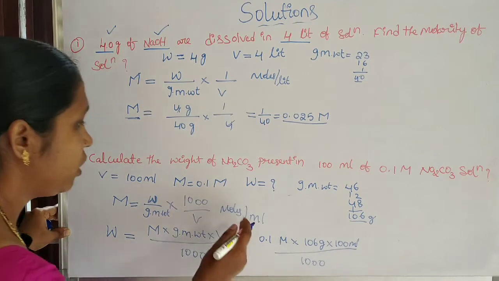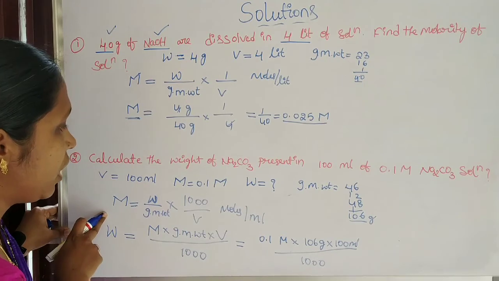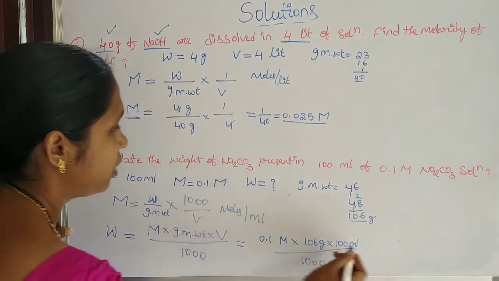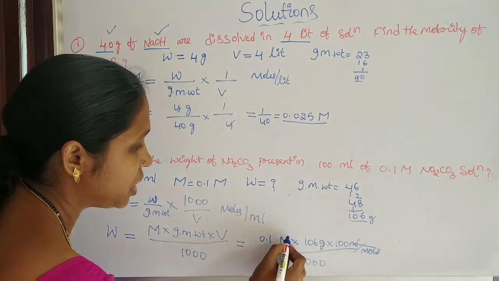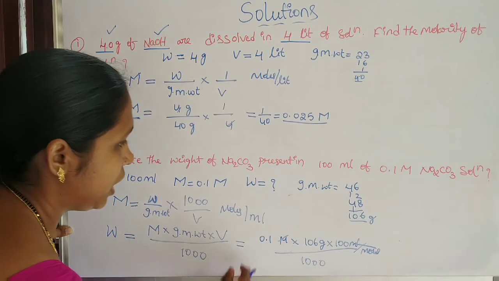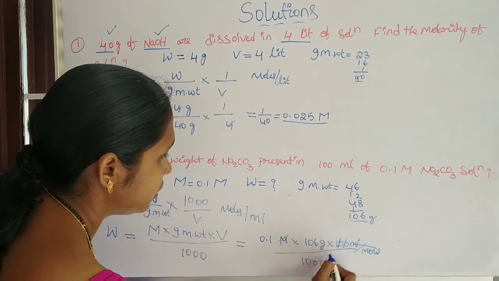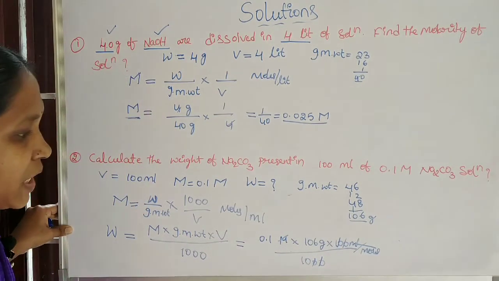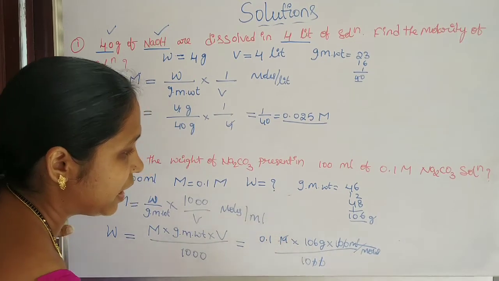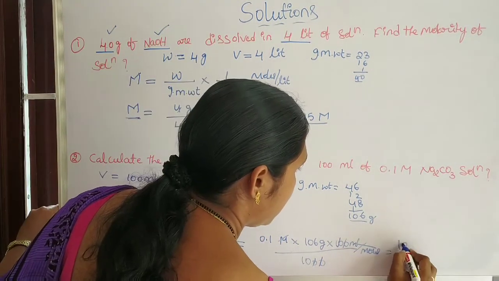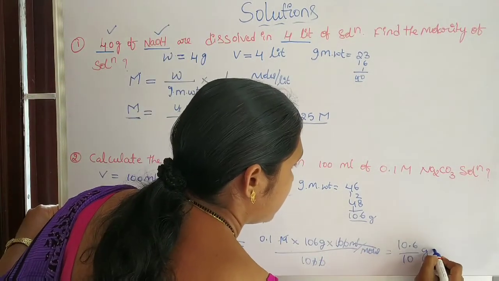Okay, here moles per ml into, coming this side, what happens? On the LHS it will be ml per mole. ml per mole means mole inverse, the mole will be cancelled. And 0.1 into, see here, 2 zeros, the zeros will be cancelled. 0.1 into 106 means 10.6 by 10, that is 10.6 by 10 grams.